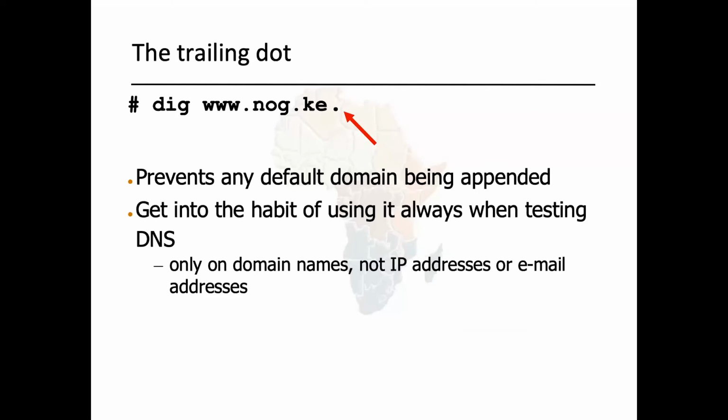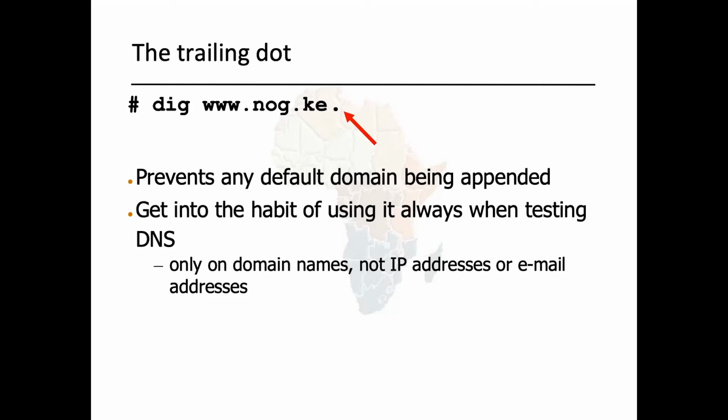When you do a dig, it's always recommended that when you type the host name, the domain that you're looking for, always add a dot at the end. It will prevent any sort of additional information being added to the domain that you're looking for.